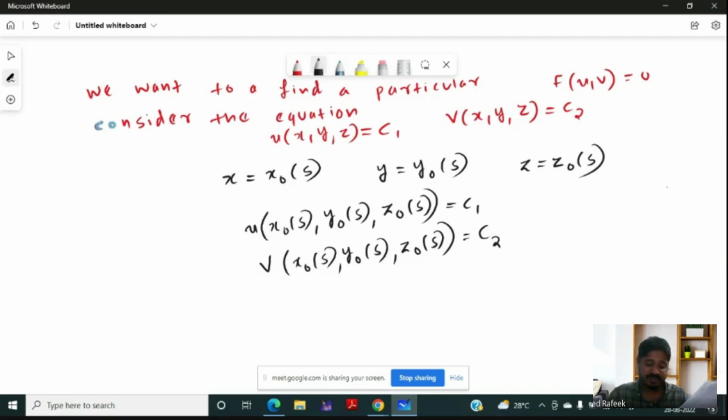The relation between them can be given by f of C1 comma C2 is equal to 0. That is the solution for this.